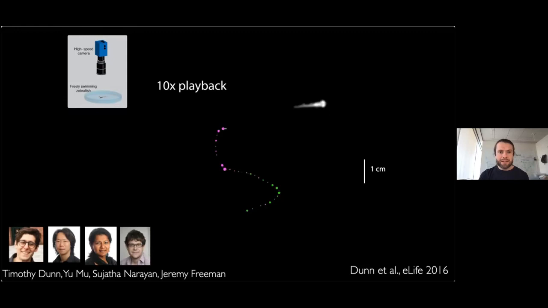And what Tim found was that when larval zebrafish swim spontaneously, they concatenate turns that go in the same direction. So you can see turns to the left in green. The animal often makes more than one green turn, and the animal often makes more than one magenta turn.